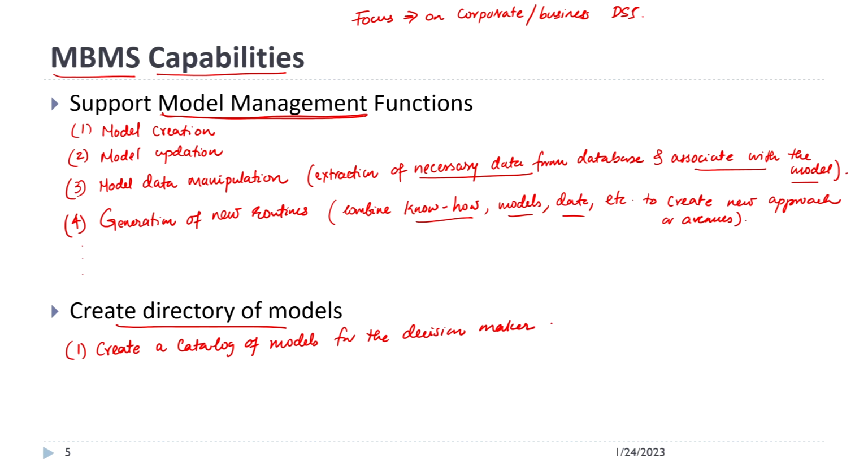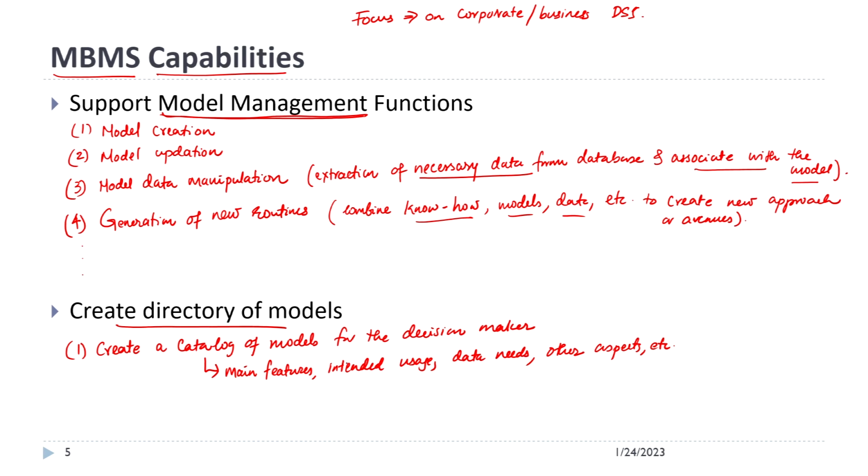The catalog of the models should include main features, intended usage, data requirements, and other aspects, etc. These are all part of the catalog.